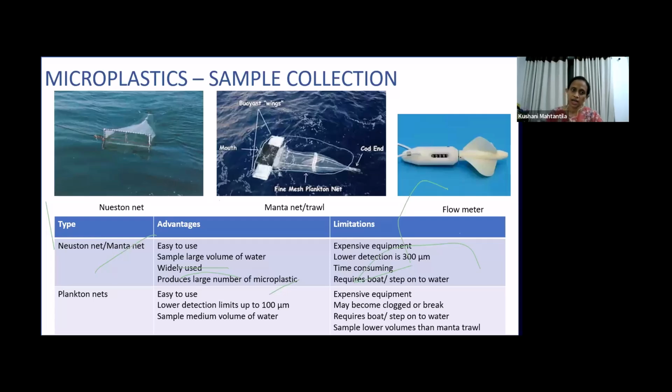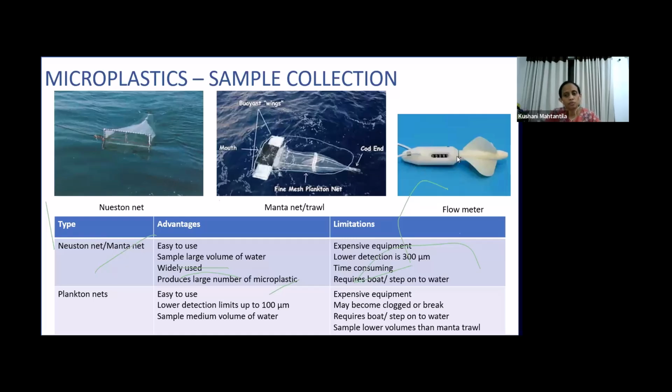In environmental samples like fresh water, as we discussed earlier, the most commonly used method was using the nets. There are Newton nets and the Manta nets. The difference is the Manta net contains buoyant wings. So when we employ the Manta nets into the water, we also incorporate a flow meter.